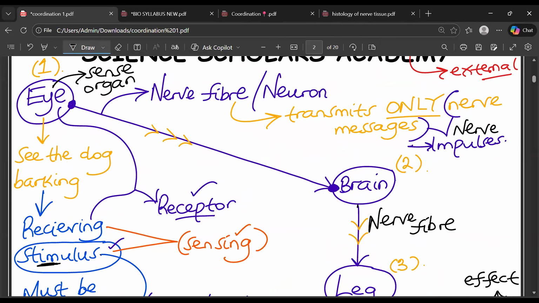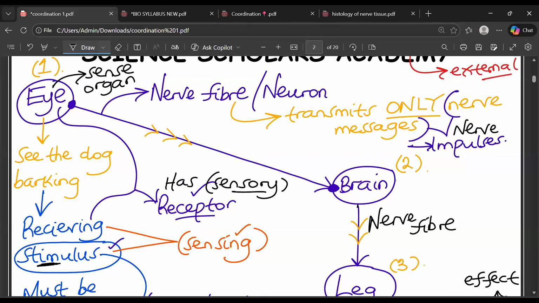So I can now tell you that the sense organ, the eye, has what they call sensory receptors. Yes, it has receptors, but we can make it better and say that those receptors are sensory. So sensory comes from sense organ, comes from sensing, comes from receiving stimulus, comes from noticing the change in the external environment.